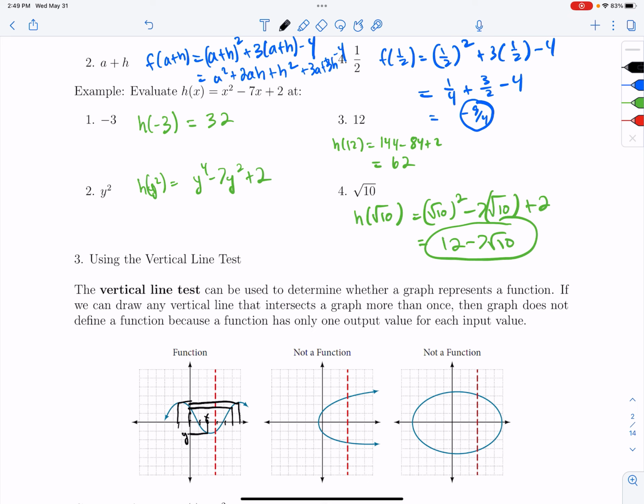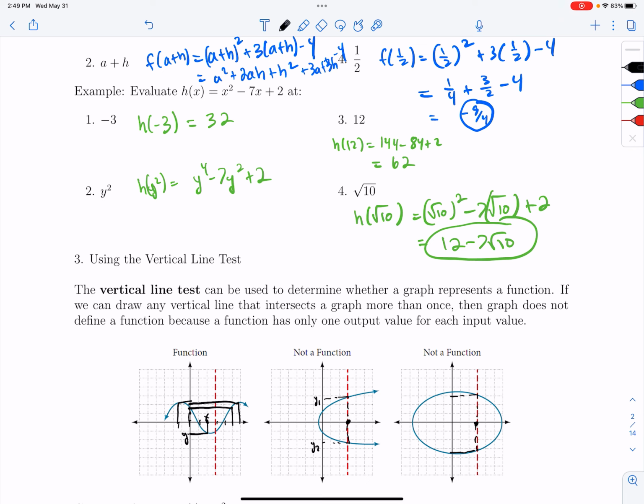But here on the second one, if I input 3 into the function, so if x is 3, I'm going to get this y value, and I'm also going to get this y value. So this is not a function because when I input 3 into the function, I get 2 different y values. Similarly, when I put it into this function, I get 2 different y values.